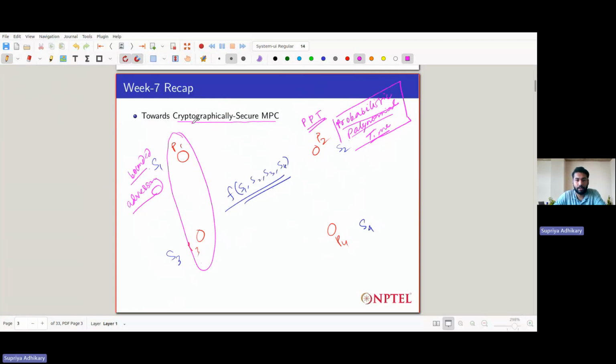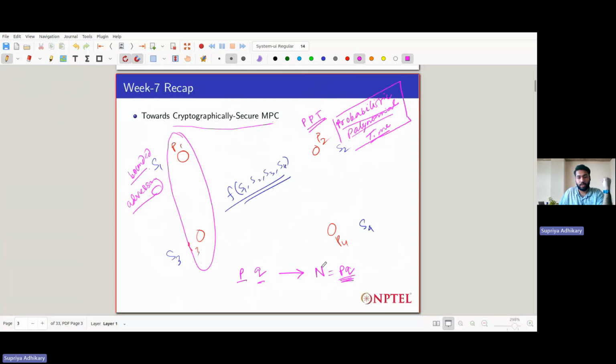That means we can use mathematically hard problems, for example the integer factorization problem. The integer factorization problem is something like this: if we have two prime numbers p and q, and we give you n equals pq, then finding the factors p and q for considerably large p and q is very hard.